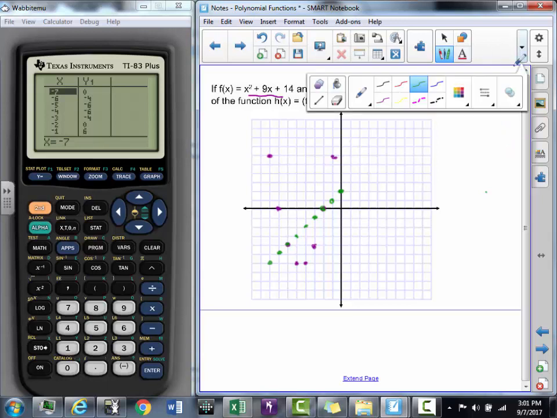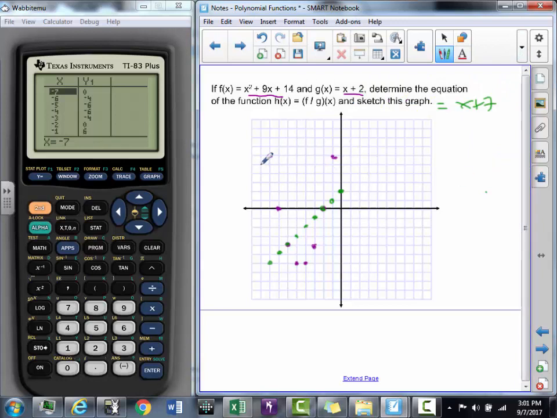Let's see how this looks. I'll use a third color now, one point at a time. We've got to take the quadratic graph and divide by the linear graph. So this right here is the value of 6, and then down here is a value, I believe, of negative 6. 6 divided by negative 6 is good.